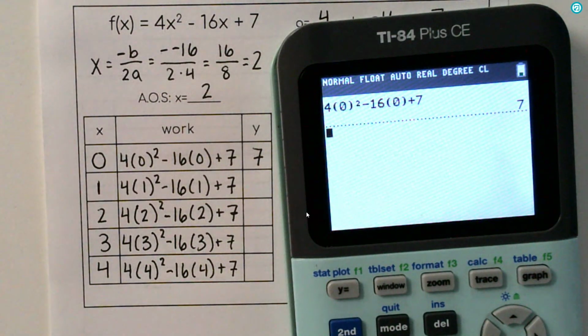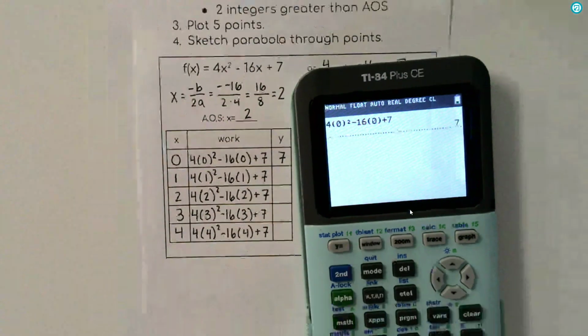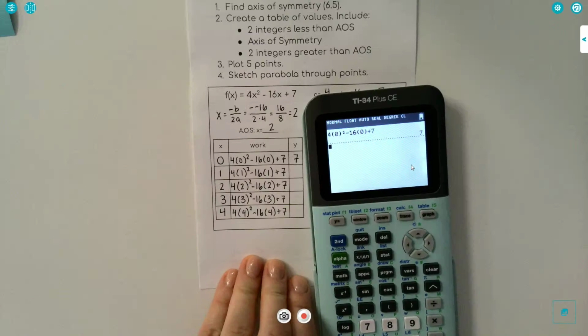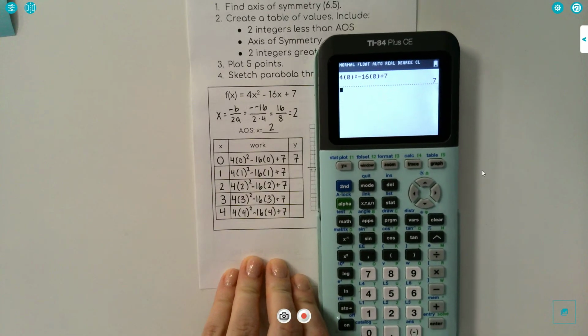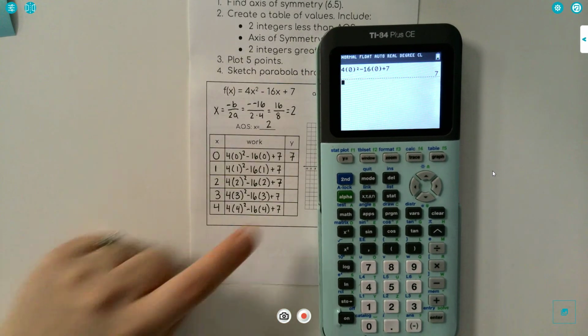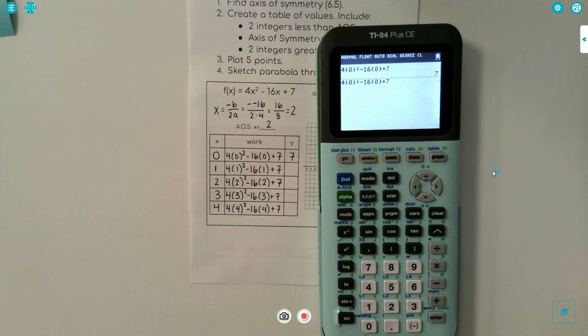There are 2 ways to do this. I use the arrows, some people use second enter. So what you do now is you can hit second enter, and it puts what you just typed in back on a new row.